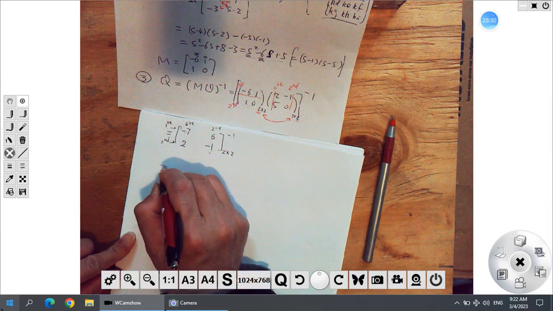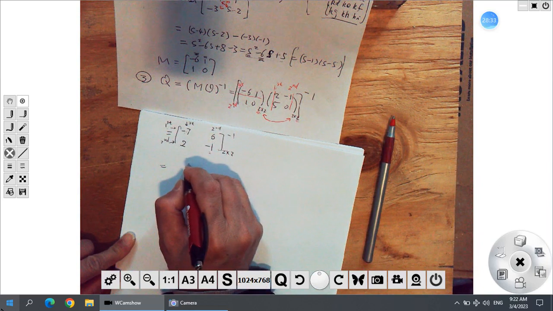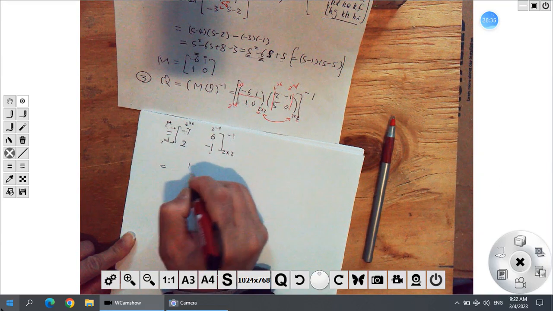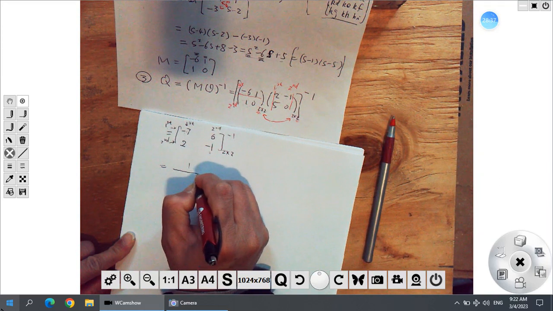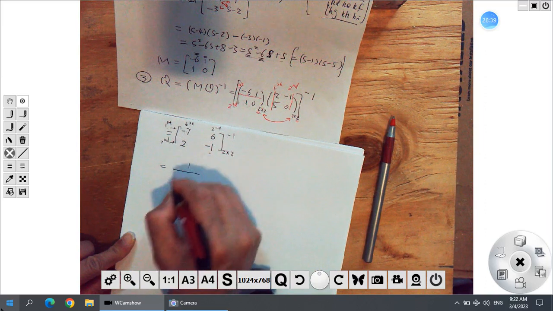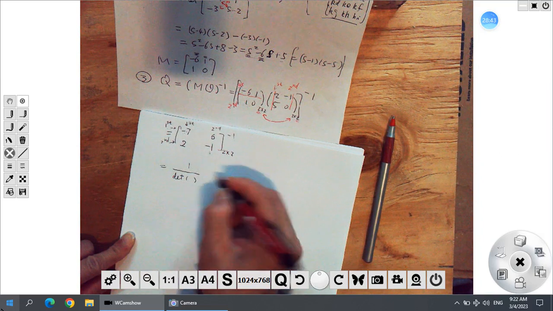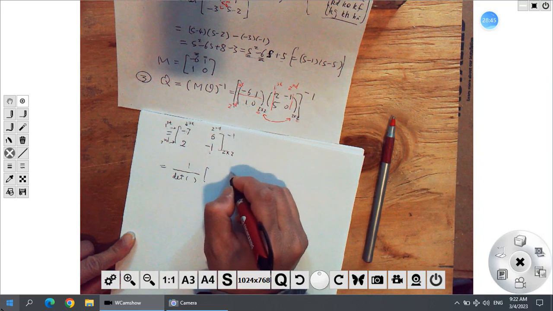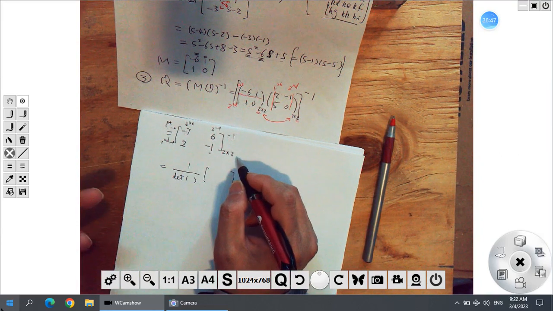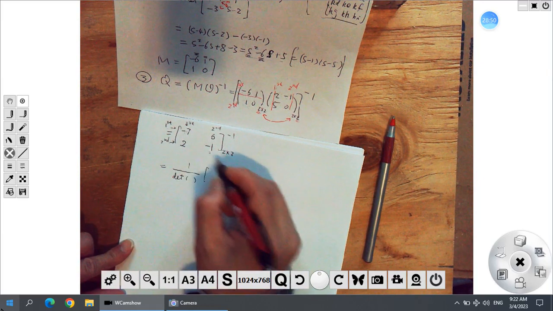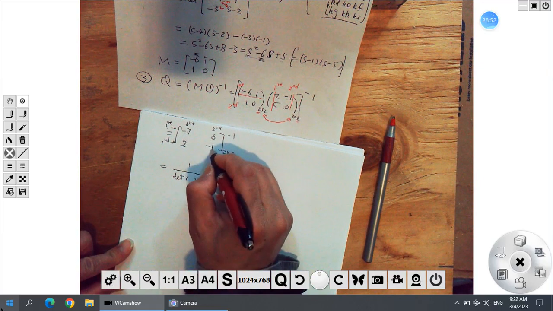Then the inverse matrix. The inverse matrix contains 2 parts. The first part is a constant coefficient, number coefficient, right? It will be 1 over the determinant, and times, how to say, we change this matrix. We need to change. So we need to flip these 2 elements.